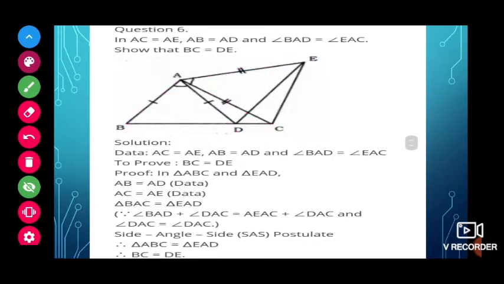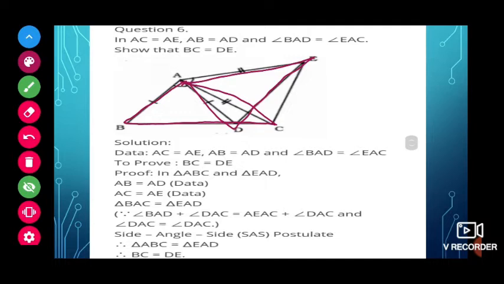What are the two triangles we have to consider? ADE is one triangle, and one more triangle is ABC. Two triangles: ABC is one triangle and ADE is one more triangle. Here is one triangle and one more triangle is this.